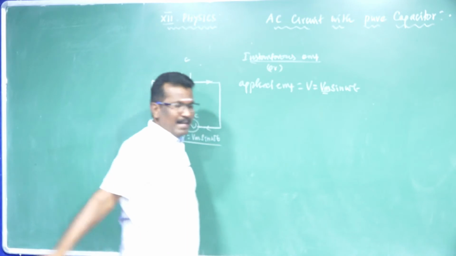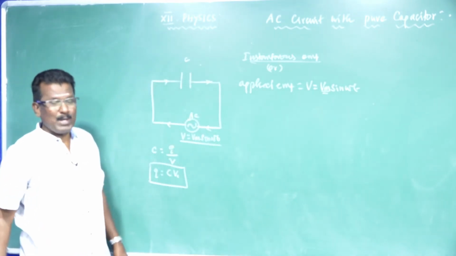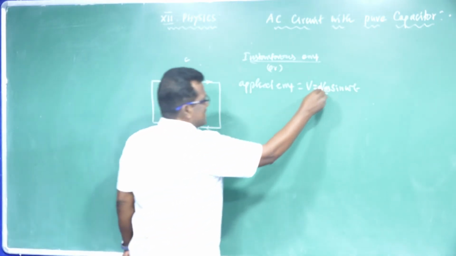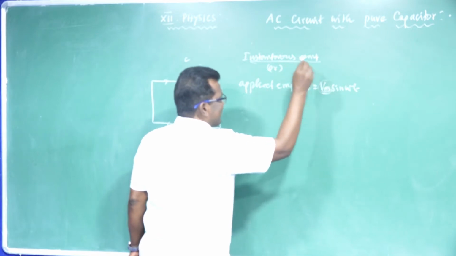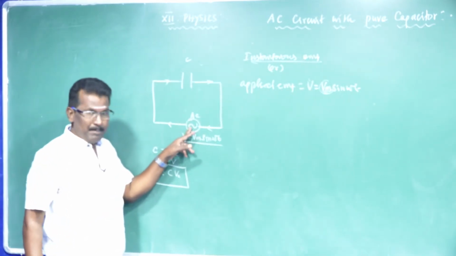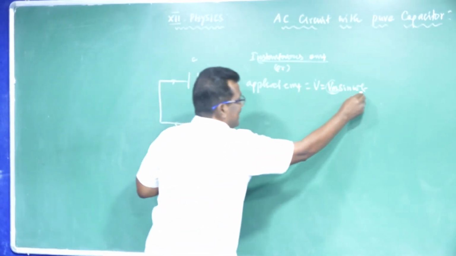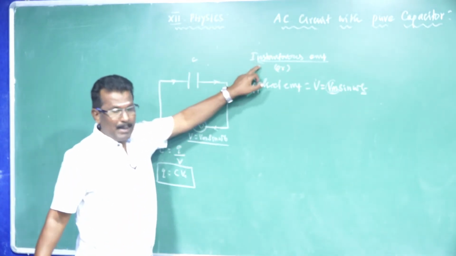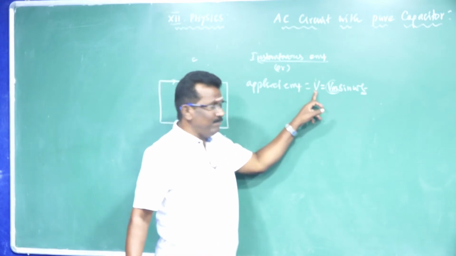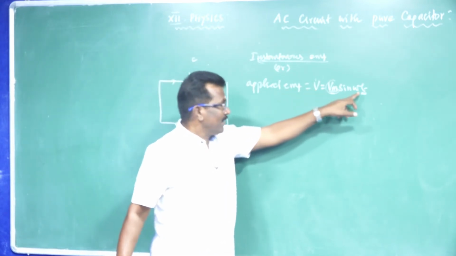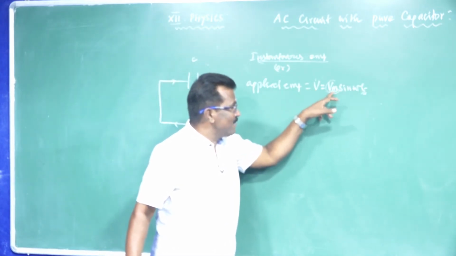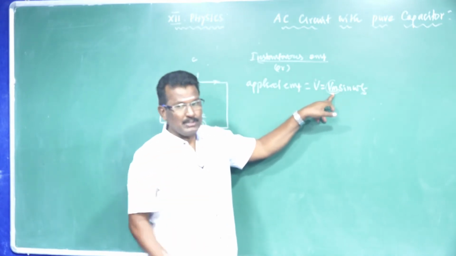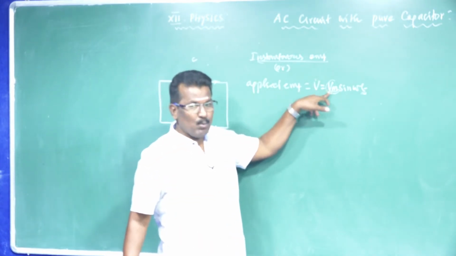What is Vm? It is the maximum voltage or peak voltage. What is V? V is the EMF at a given instant of time. That is why it is called instantaneous EMF. So Vm represents the peak voltage.